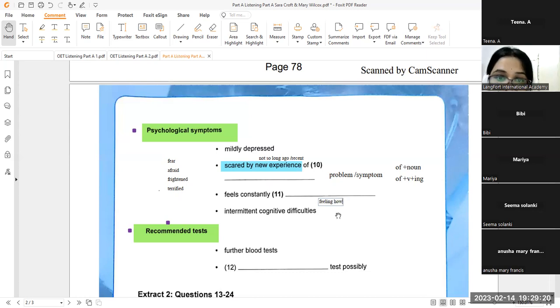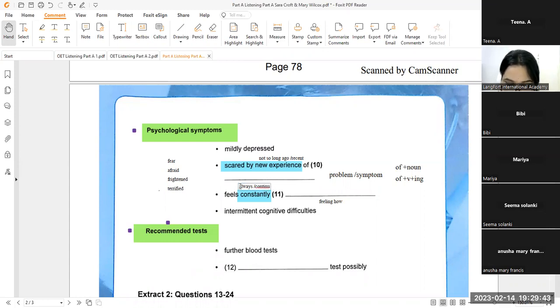So instead of constantly, what other word can we use? We already discussed this. Come on, tell me. Continuous. Anything else? Always, or constantly, continuously. Persistent.